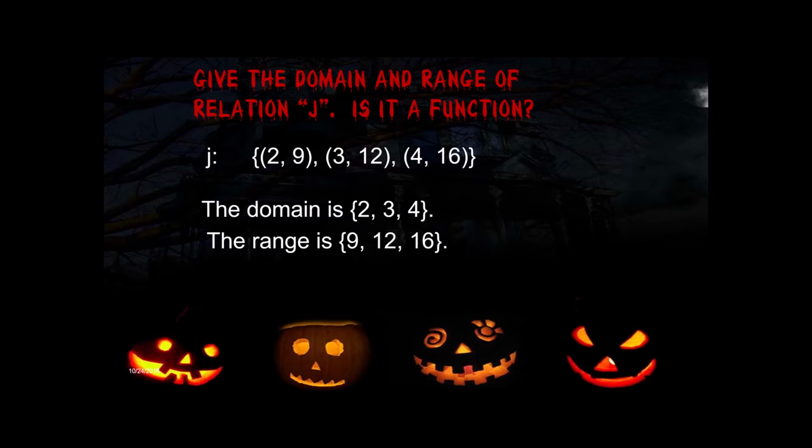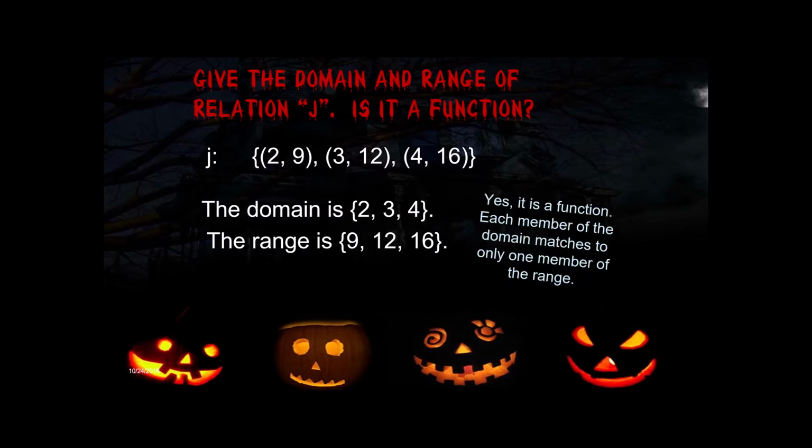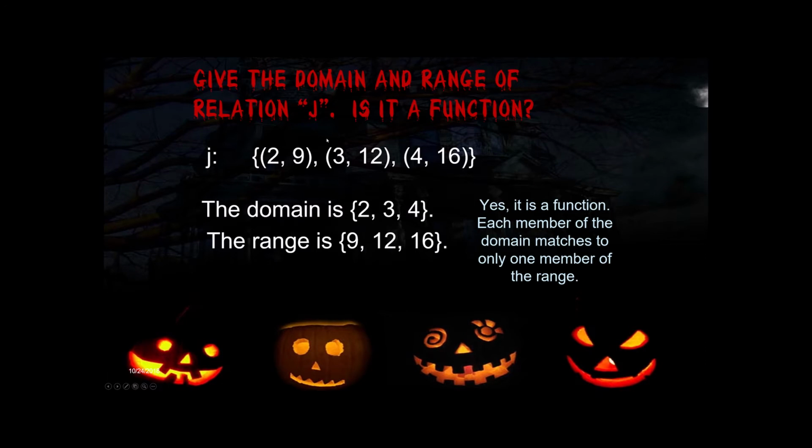Can you tell if this is or is not a function? Hopefully you realize that this is a function because 2 matches to 9 and nothing else. 3 matches to 12 and nothing else. 4 matches to 16 and nothing else. Every item in the domain matches to exactly one item in the range.